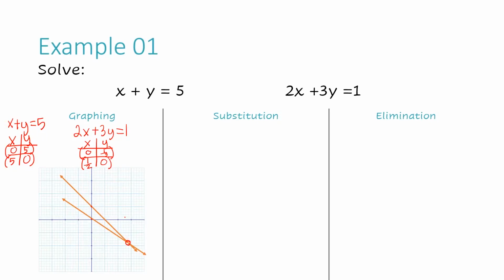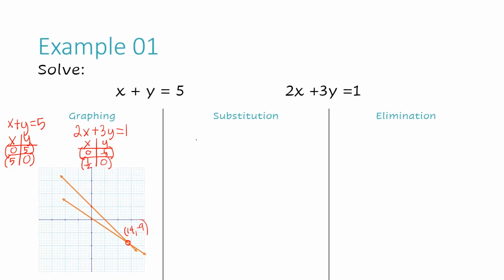Okay, this is at the point 14, -9. I went 14 spaces across my x-axis and down to the -9 mark, okay? So that's 14, -9. Now, I'm going to show you that I can get this exact same answer, 14, -9, by using the substitution method and by using the elimination method.